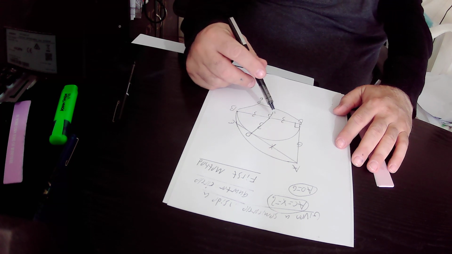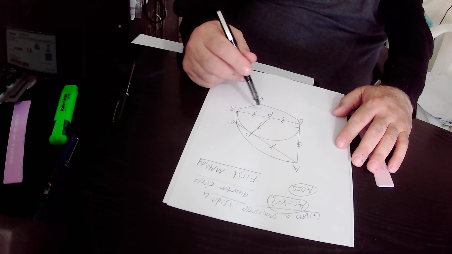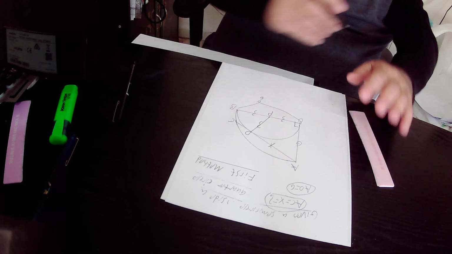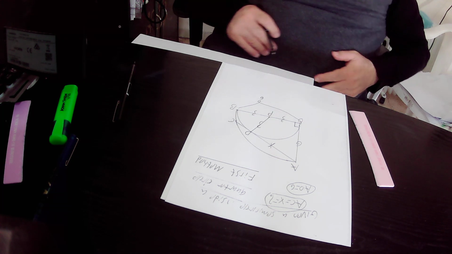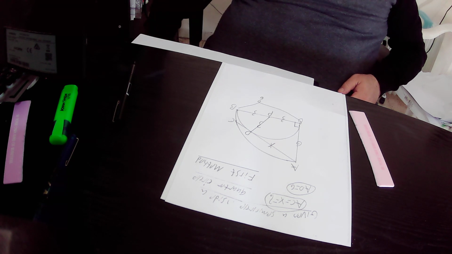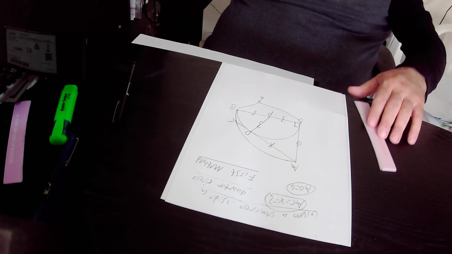So OP, PD and PB are radii of the semicircle, therefore they are equal to 3 units. Okay, so in the next step we'll join points A and P together by a straight line.